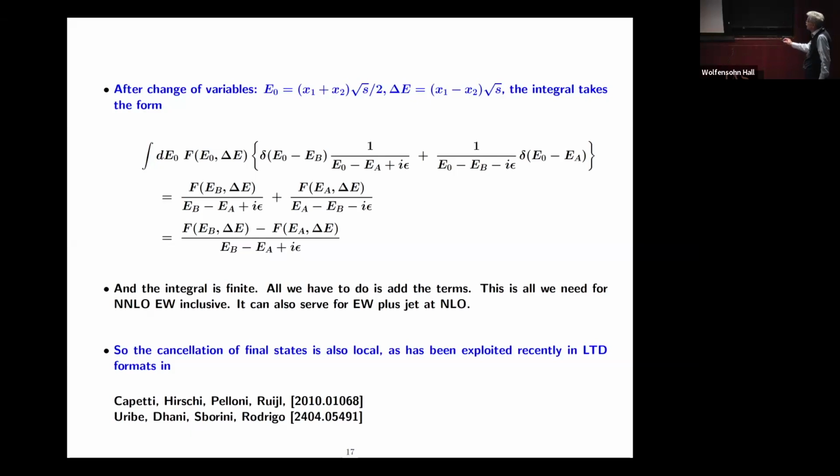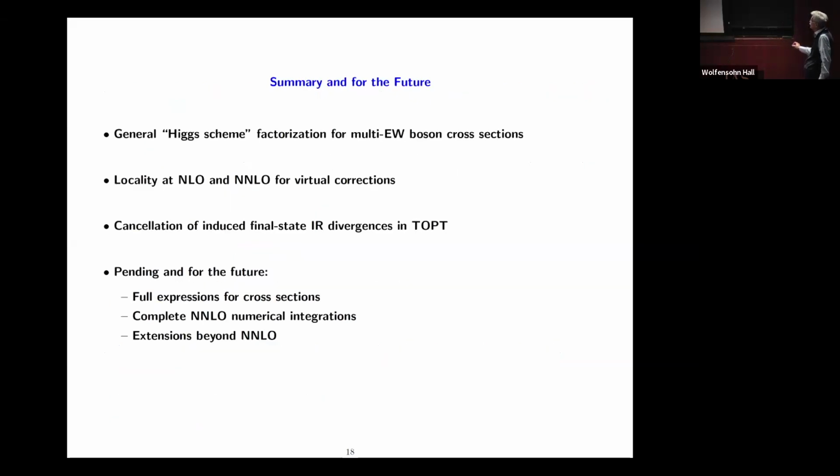Work has been done by others along these lines in this spirit. So the summary and outlook: it is this general Higgs scheme factorization for multi-electroweak boson cross-sections, which is what I've described. There's confirmed locality up to next-to-leading order for virtual corrections.